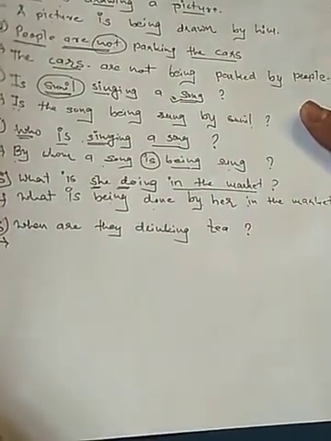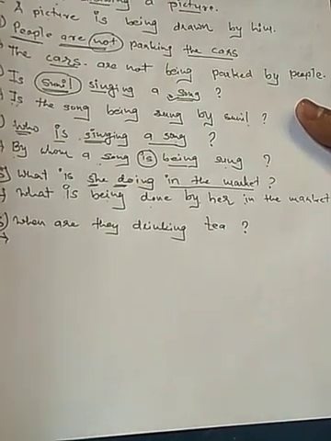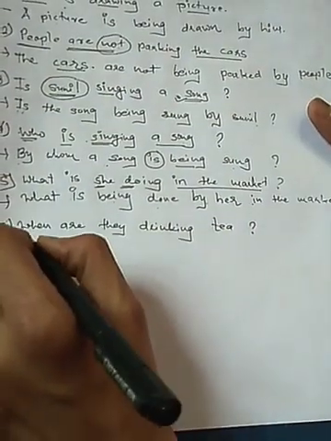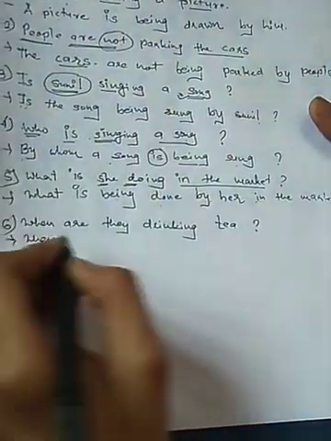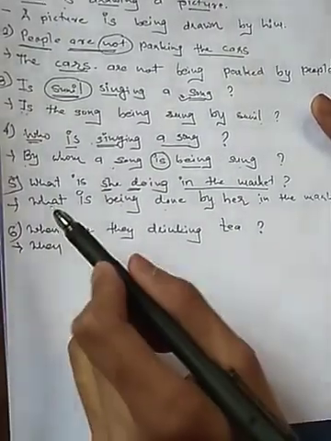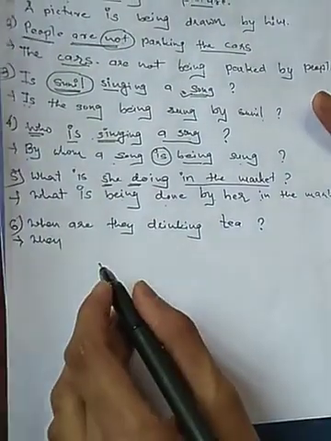Suppose this kind of sentence is given, what you have to do, in the very beginning you have to put the same question word. Suppose it is where, suppose it is when, whatever is given, simply put it in the very beginning.